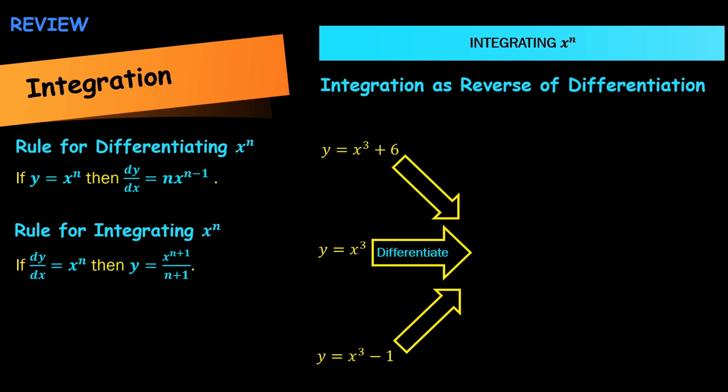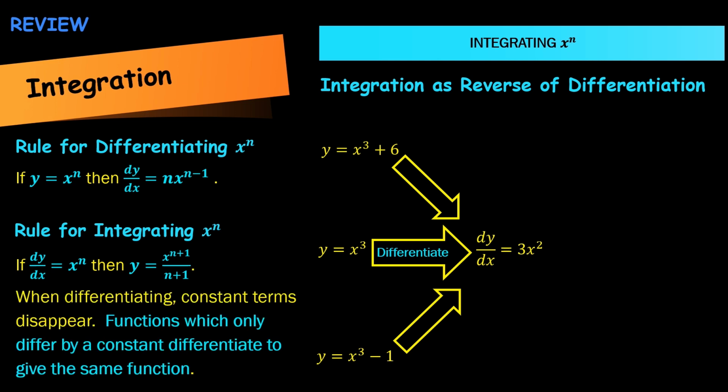However, when we differentiate, we obtain dy dx equals 3x squared for each of them. So when differentiating, constant terms disappear. Functions which only differ by a constant differentiate to give the same function.